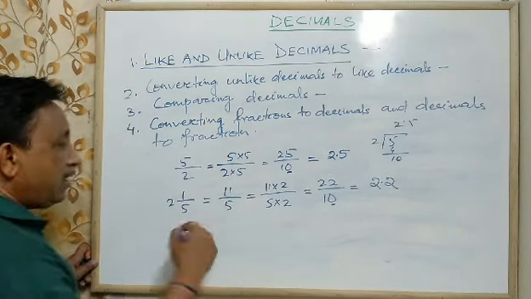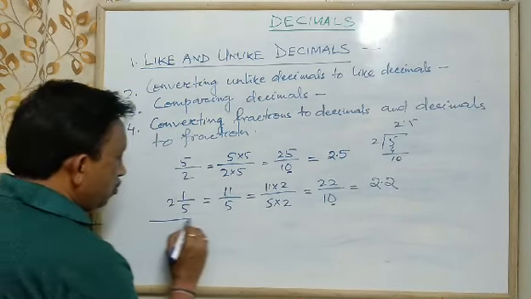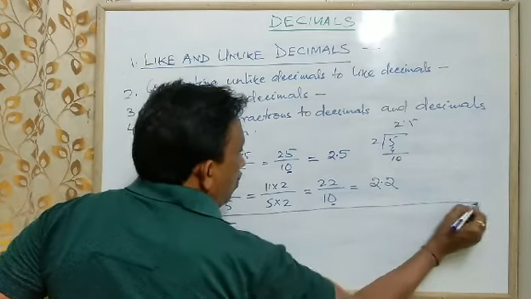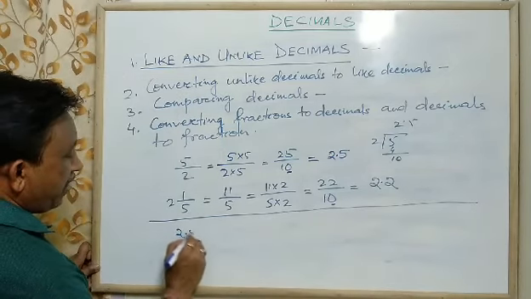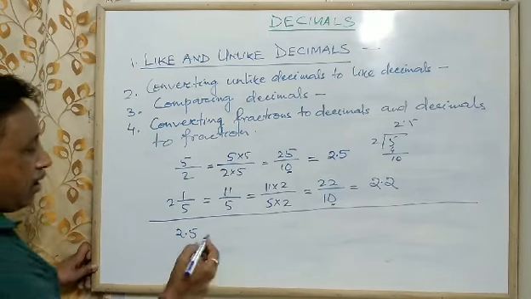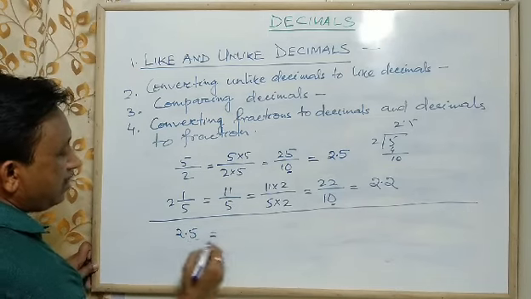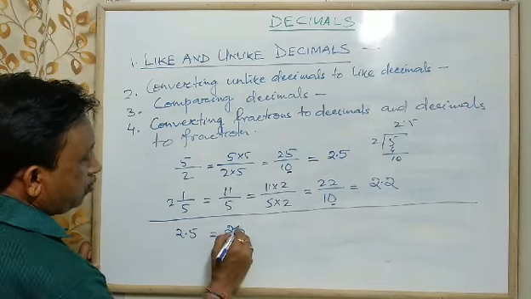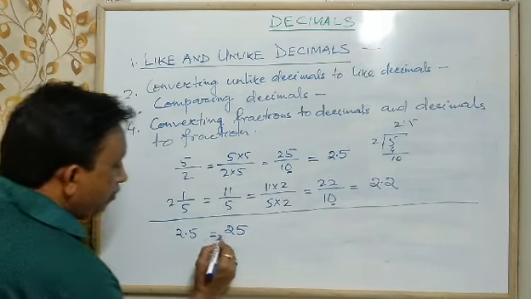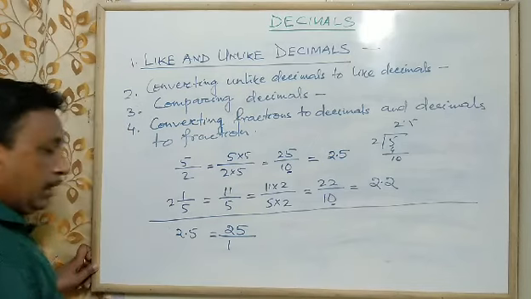Now the reverse process. How do I convert a decimal into a fraction? Suppose there is a decimal, 2.5. Now how will I convert it? I will write the number without the decimal as the numerator. So 25 by 1.